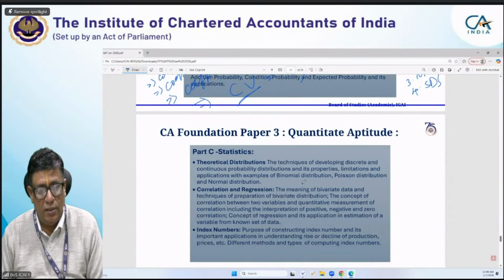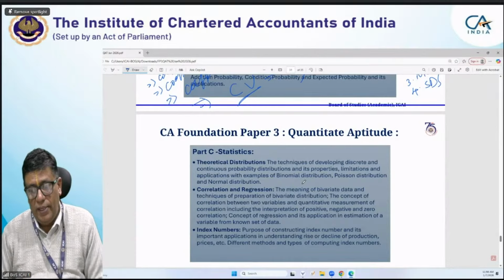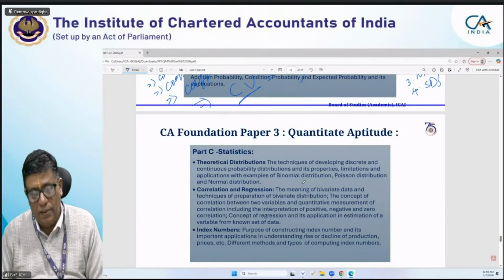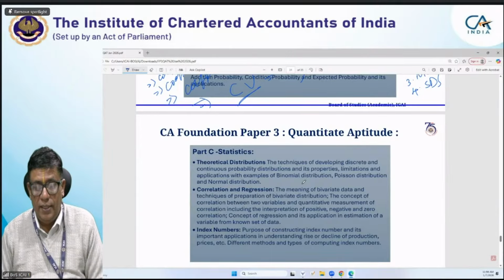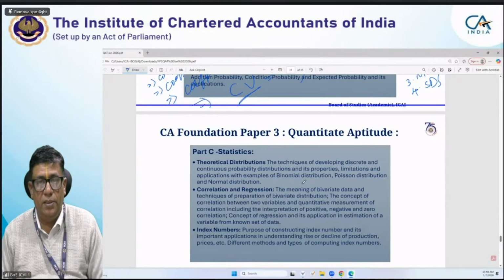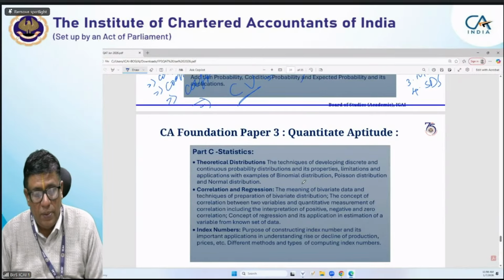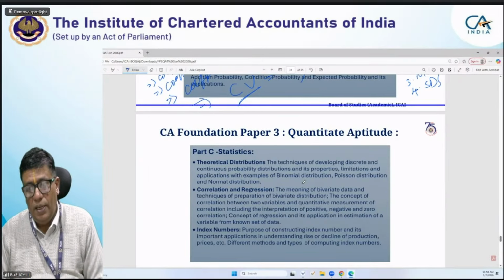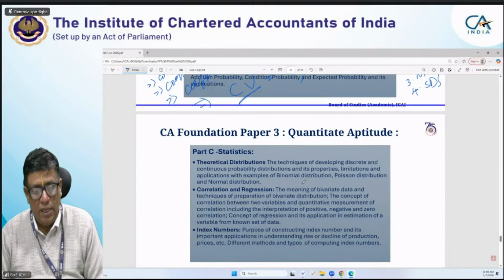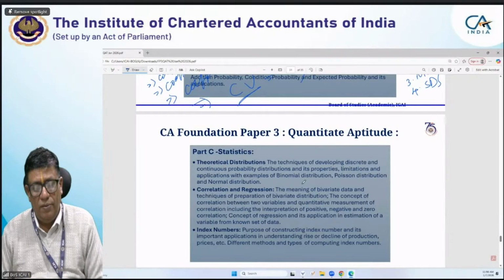When we talk about bivariate data, such as demand and price or demand and supply, there are two variates, x and y, and their bivariate distribution and relations.